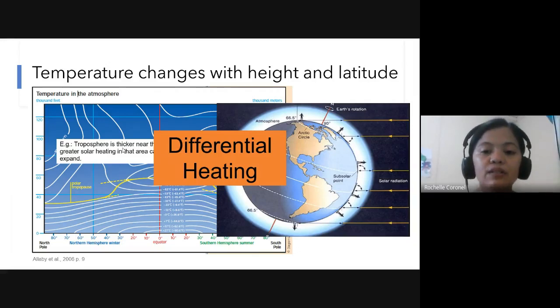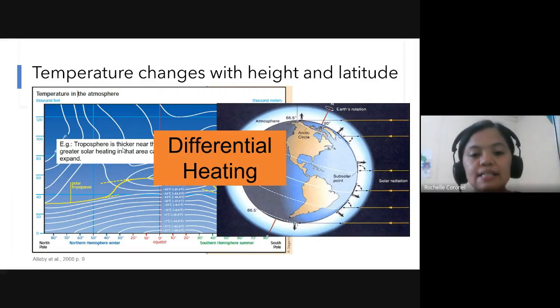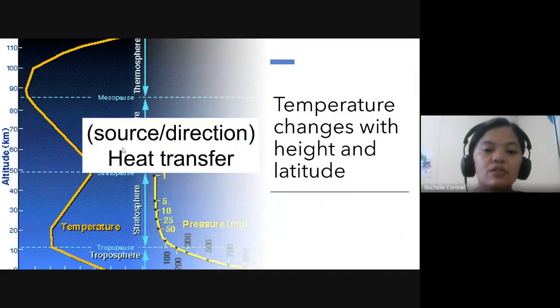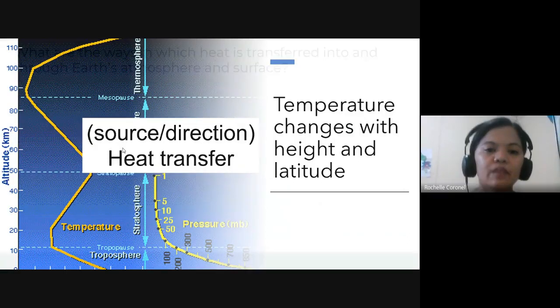Basically, we call this differential heating. So the heating is different. The intensity of the heating is different. Again, overall temperature changes with height and latitude, and this is due to the source and direction of heat transfer.